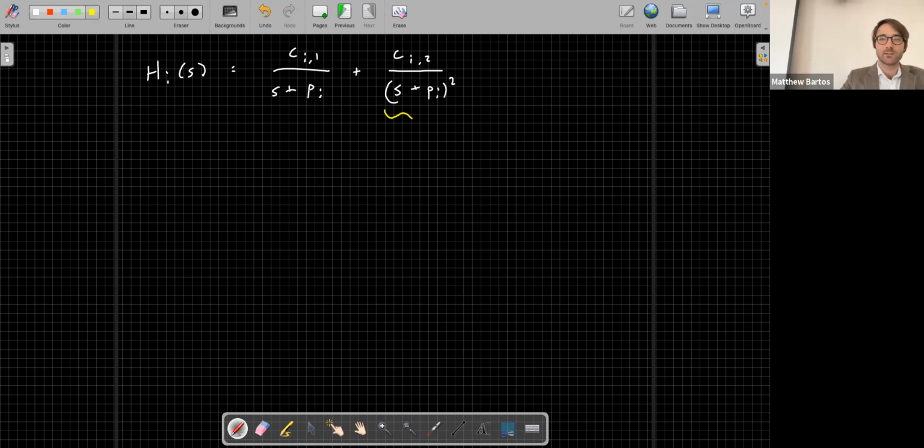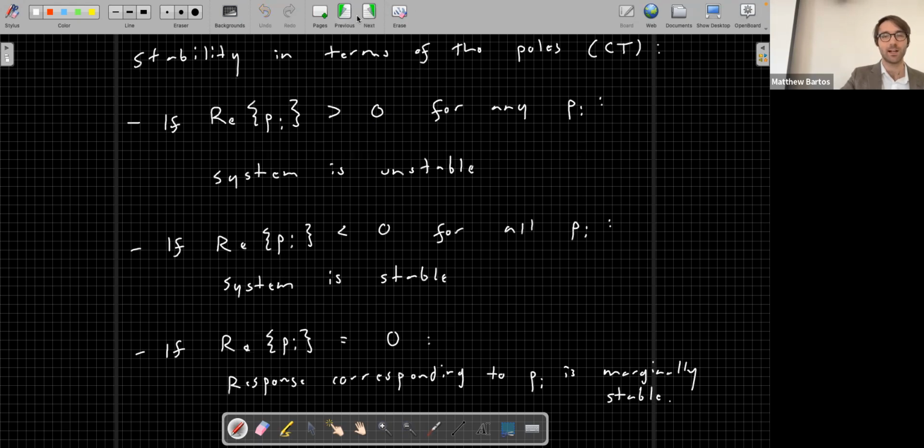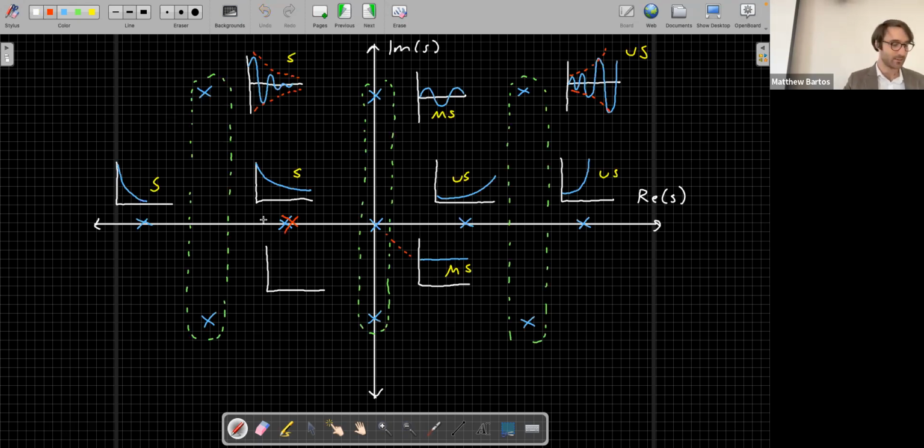This term here will become something like t times e to the negative p_i t, right? So what will the response look like? I think Jimmy basically gave the answer here. You'll have the exponential part, but it's being scaled by that time term. So at time 0, it'll be 0. It rises up and then gradually goes back down.